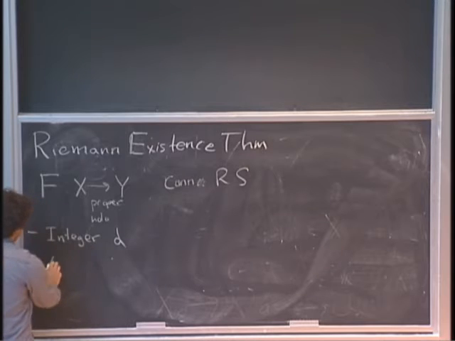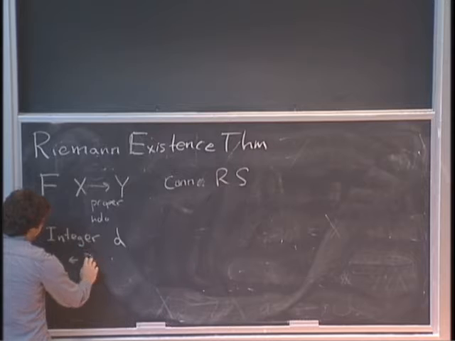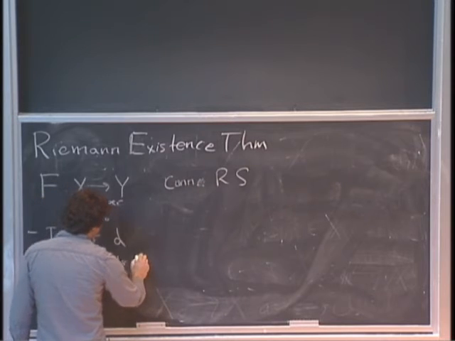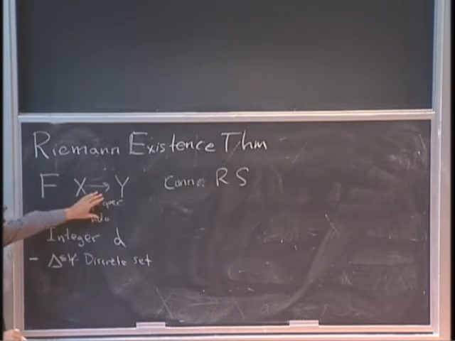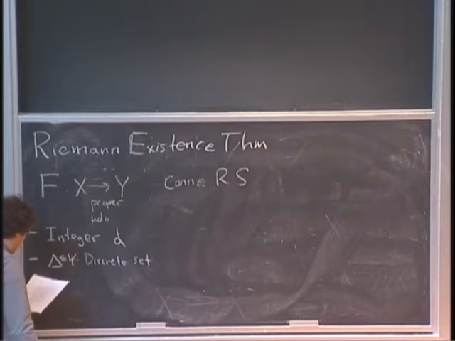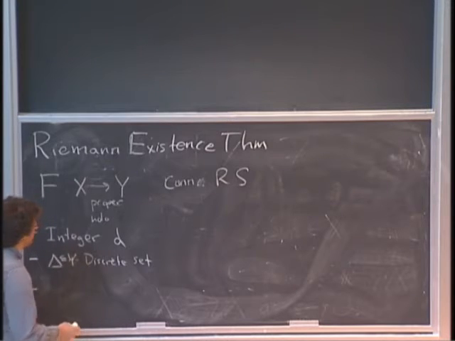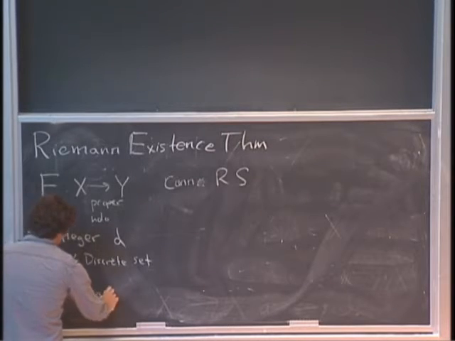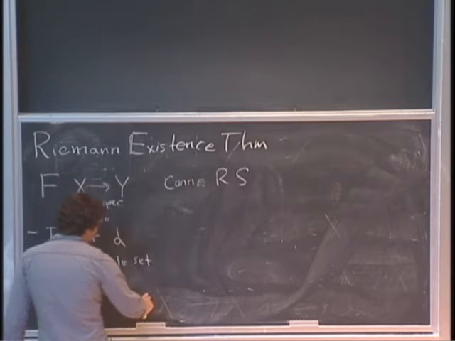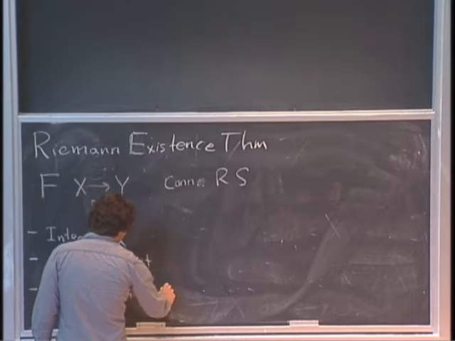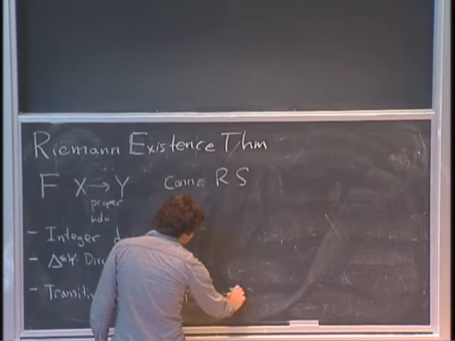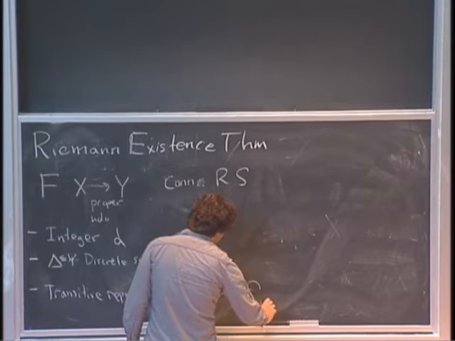The second thing we got was a discrete set delta inside of Y. This corresponded to the image of the branch points under F. And then the final thing we got was this transitive permutation representation rho that took the fundamental group of the base minus the image of the branch points into the symmetric group on d elements.